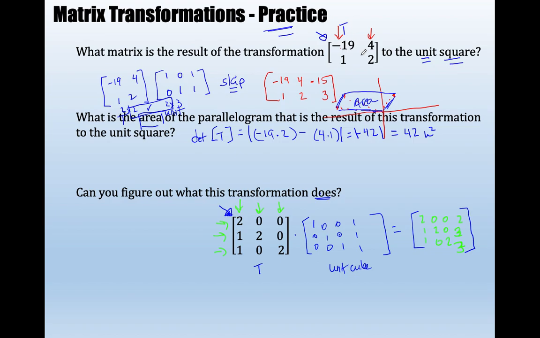Hopefully you don't actually have to do the multiplication; you can just use your pattern. And then the last problem takes a non-unit square. I give you a rectangle and ask you to perform transformations on it, and then walk me through what the matrix multiplication looks like and what the effect of that matrix was on the original image.